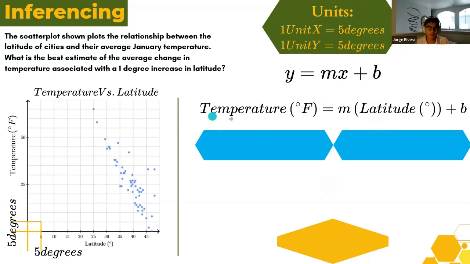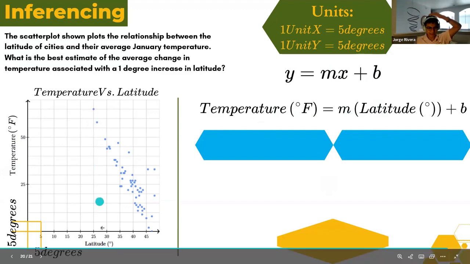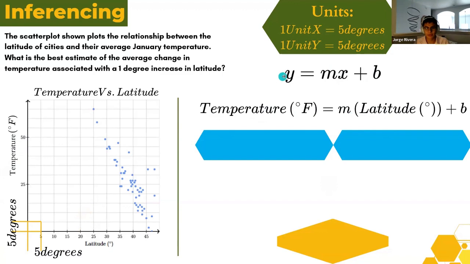The temperature in Fahrenheit is going to be equal to m, which is some constant, times the latitude, as in how high it is, which is the independent value. So the independent value is down here and the dependent value is up here. That means x replaces the latitude because x is the independent value, and y replaces the temperature because it is the dependent value. Plus c, plus whatever constant.